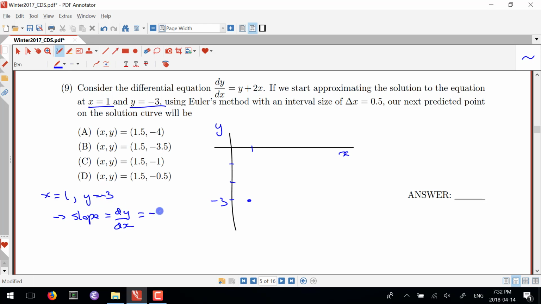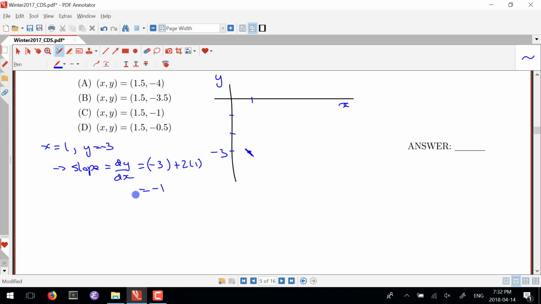That's going to be -3 plus 2 times 1, and that's going to be -1. So we can build a slope value in there of -1, or 45 degrees down. We can then use that slope with the delta x they gave us of 0.5. And we can predict that we're going down by 0.5 to follow that slope line, rise over run.